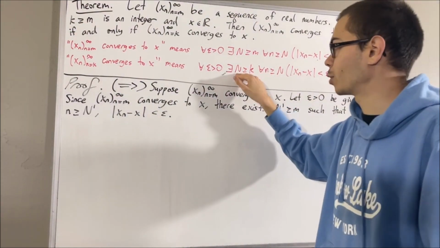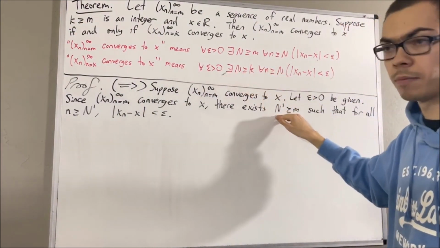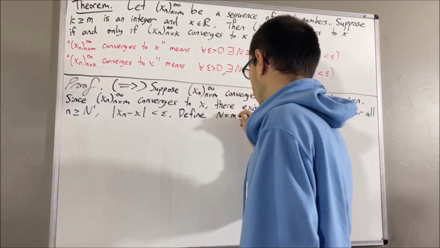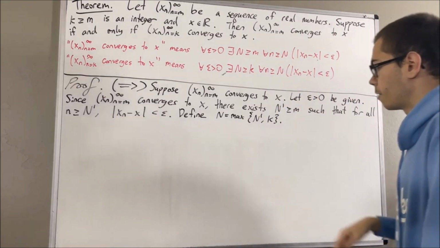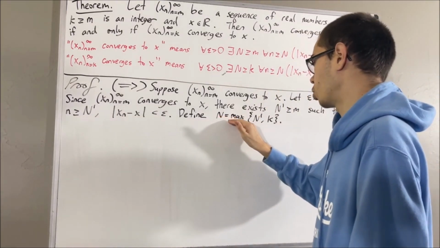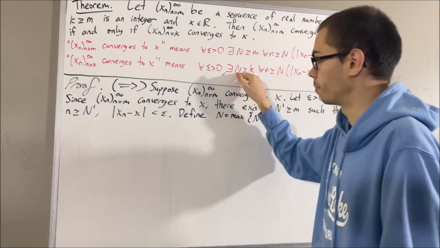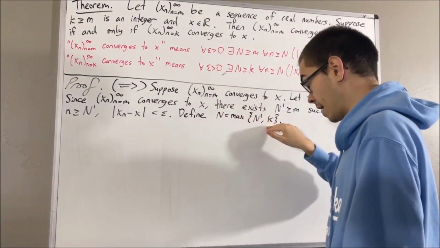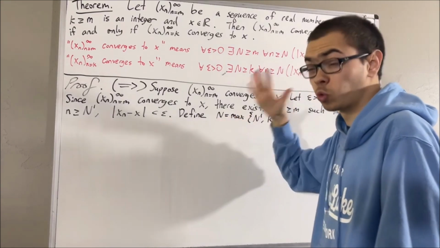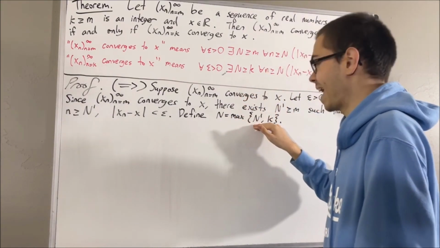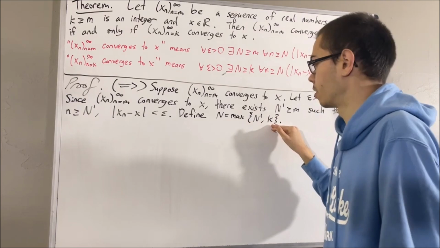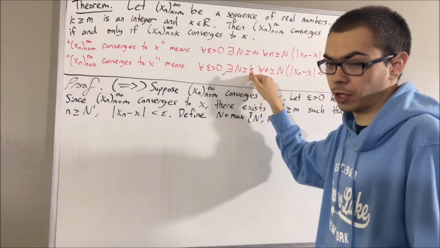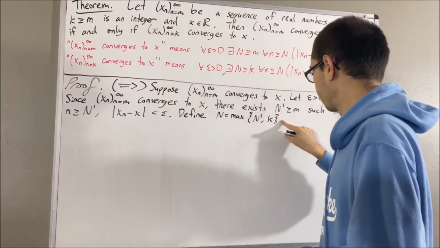So let's define capital N to be the maximum of capital N prime and k. This is a valid choice for capital N, because capital N is greater than or equal to capital N prime and greater than or equal to k. So capital N is greater than or equal to k, which means we have a valid choice for capital N.